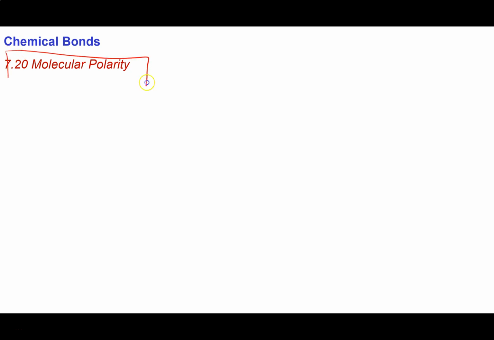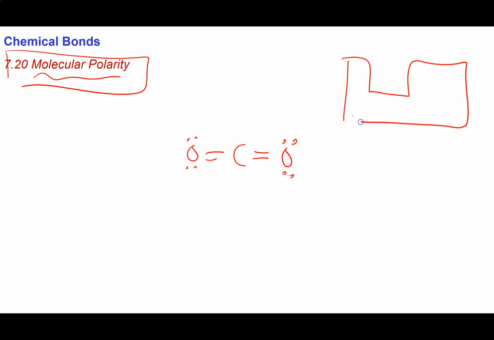So, related to bond polarity is molecular polarity. And molecular polarity is a little different. The presence of polar bonds doesn't mean that our molecule will have a positive and negative end. So I'll give you a little example of this. If I look at carbon dioxide, if I consult a table, or I can just look at the periodic table, electronegativity increases that way, and we can go carbon, nitrogen, oxygen.